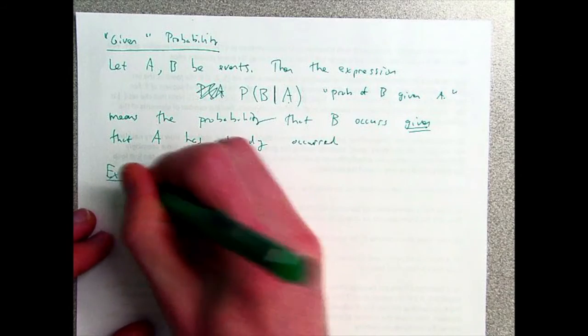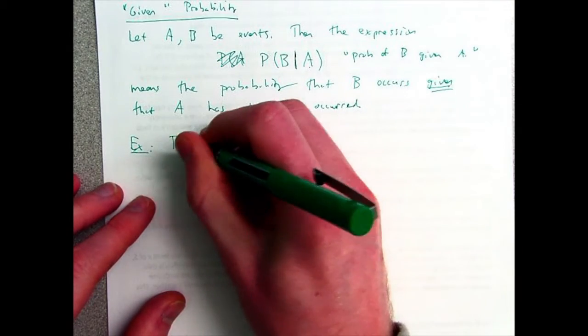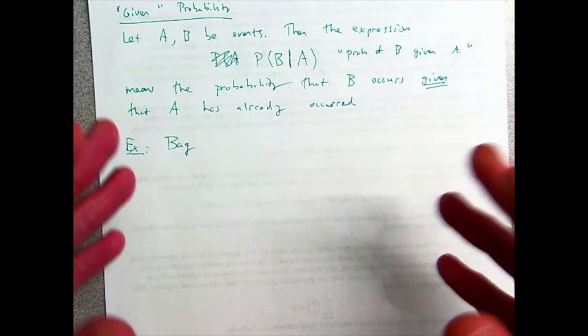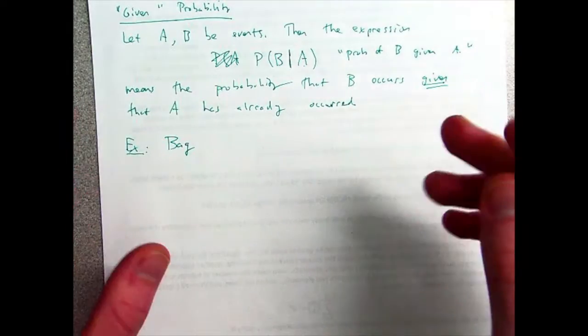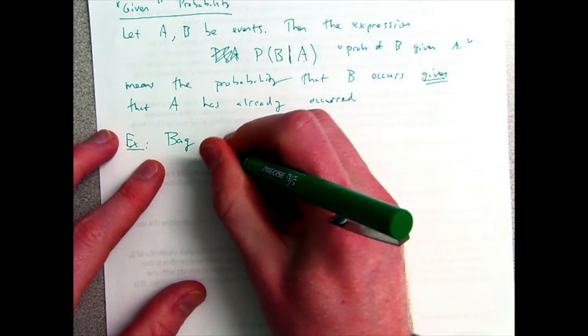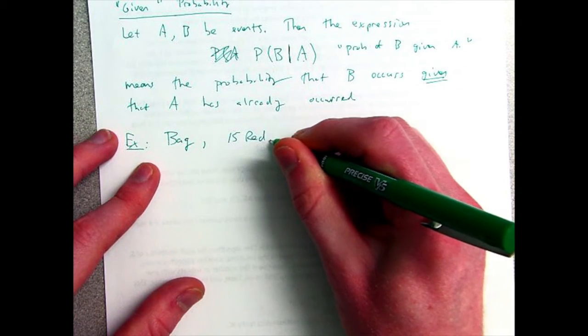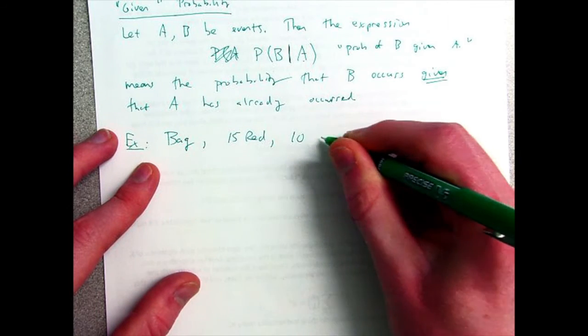So here's the example. Suppose you have a bag. We're going to use this example a lot in the coming days. You have a bag with a bunch of marbles, which, if you remember, are like these little balls. So suppose you have 15 red marbles and 10 green marbles.